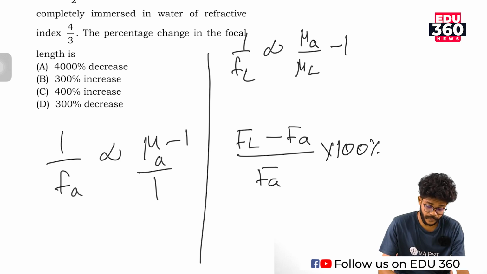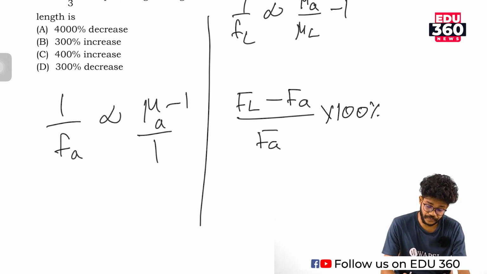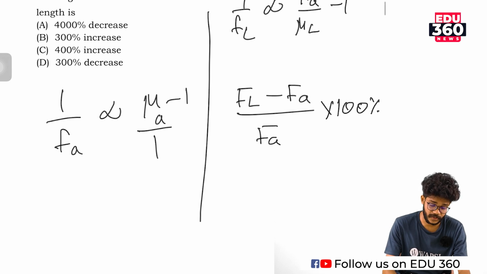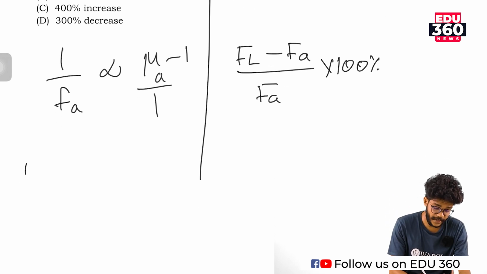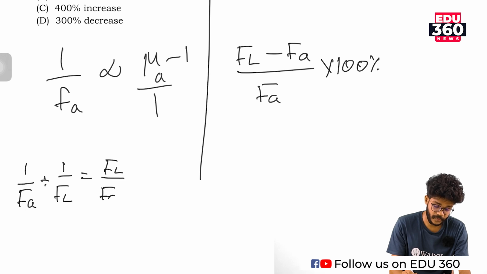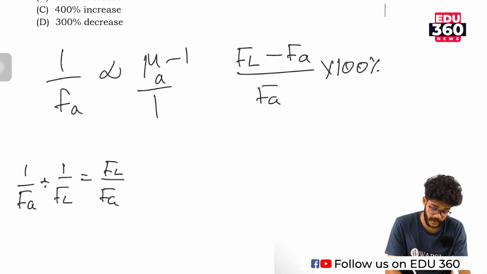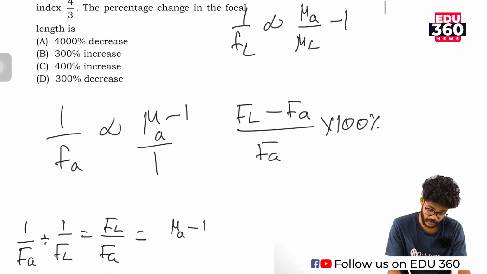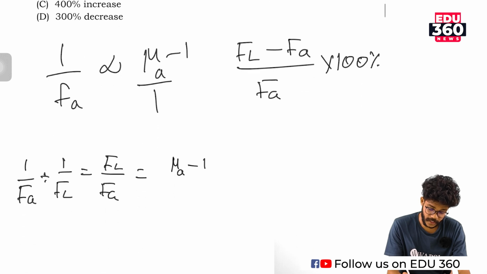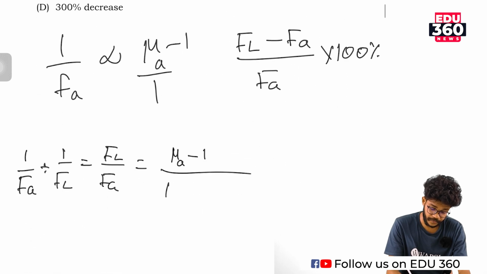So first of all, equation one divided by equation two. So 1 by f_a divided by 1 by f_L gives f_L by f_a. f_L by f_a is equal to (mu_a minus 1) divided by (mu_a by mu_L minus 1).